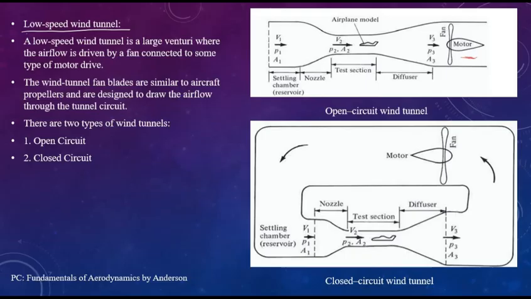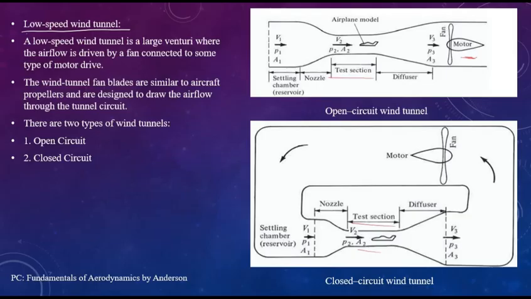So in both the cases, the airflow is entering with pressure P1 and velocity V1 in the nozzle where the area is A1. Correct? And this nozzle converges into the small area which is known as our test section, where we place our aerodynamic model. You can see we have an aerodynamic model placed in the wind tunnel.